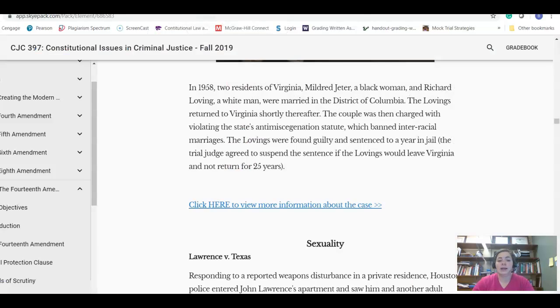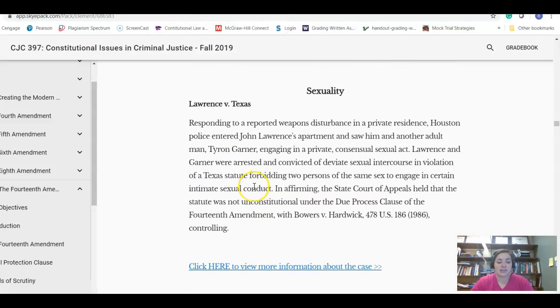All right, our next case is Lawrence versus Texas. This is the start of the next two cases that deal with sexual orientation. Here we have police going into John Lawrence's apartment, seeing him and Tyrone Garner engaging in consensual sexual activity.